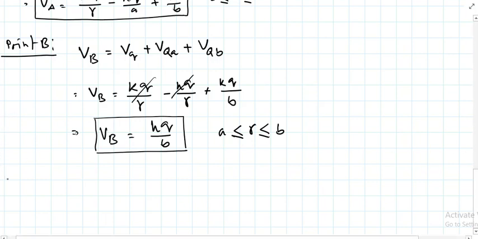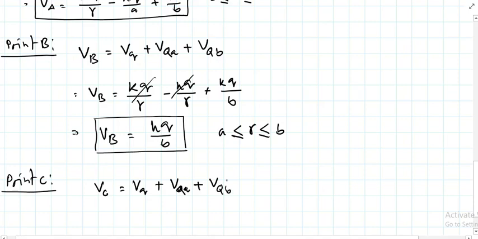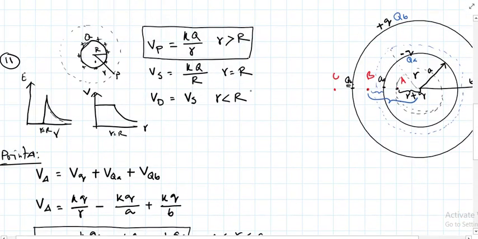At point C, the potential is the potential by the point charge plus potential by the QA charge at the surface A, plus potential by the surface B. The C point is basically outside for all three charges. For the center charge it is outside, for QA that is also outside, and for QB that is also outside, right?